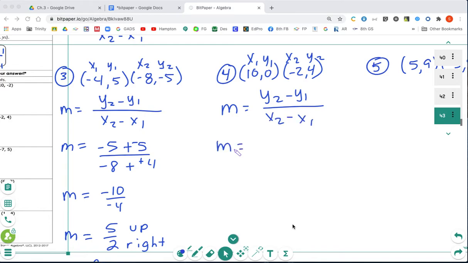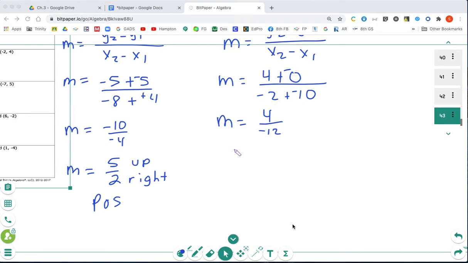M equals, we're going to do our substitution step, 4 minus 0, and negative 2 minus 10. We're going to keep, change, change, keep, change, change. M equals 4 over negative 12.